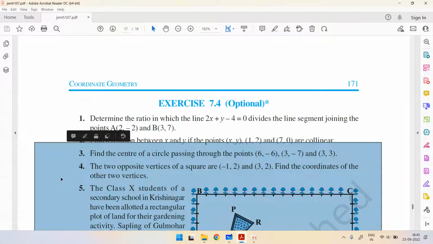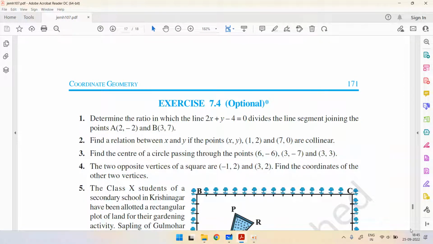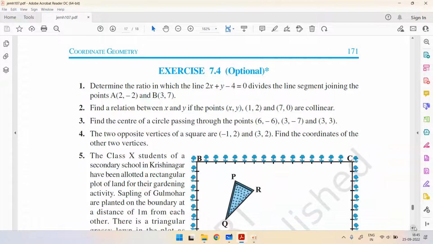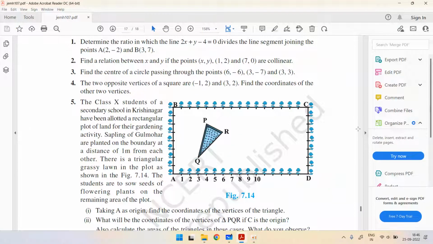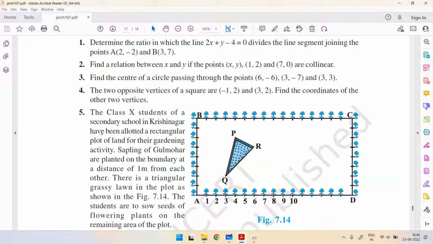This has been found. Now question number 5. It says that class 10 students of a secondary school in Krishinagar have been allotted a rectangular plot of land for their gardening activity. Saplings of gulmohar are planted at the boundary at a distance of 1 meter from each other.